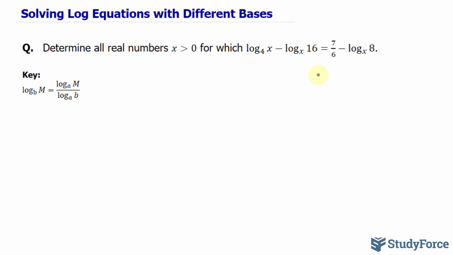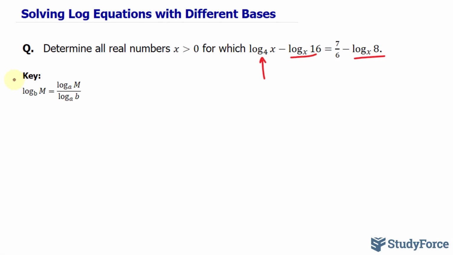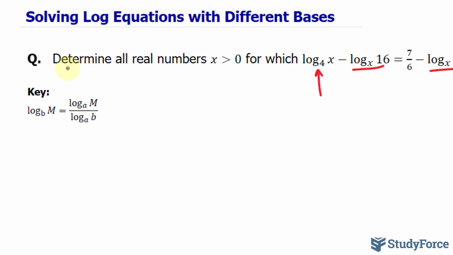As you can see, we have two terms with the base x. We have this term and that term. This term has a base of 4. So let's go ahead and change the log base 4 of x into log base x. What we do is we use this important formula, where notice that we have log base 4 of x.